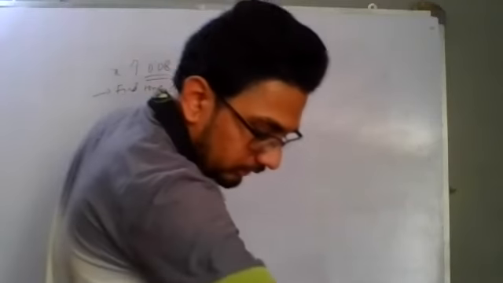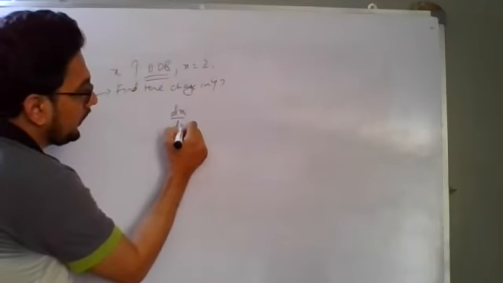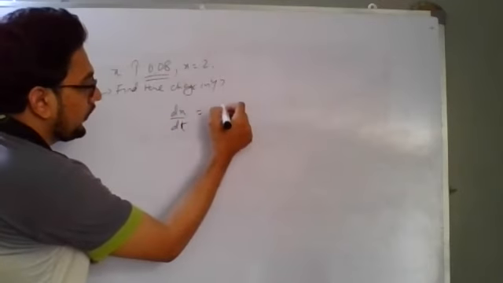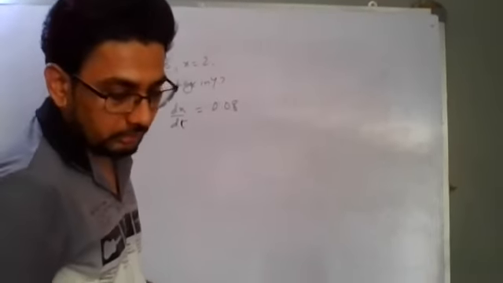The rate of increase is given to us, so we have been given dx over dt, which is equal to 0.08.